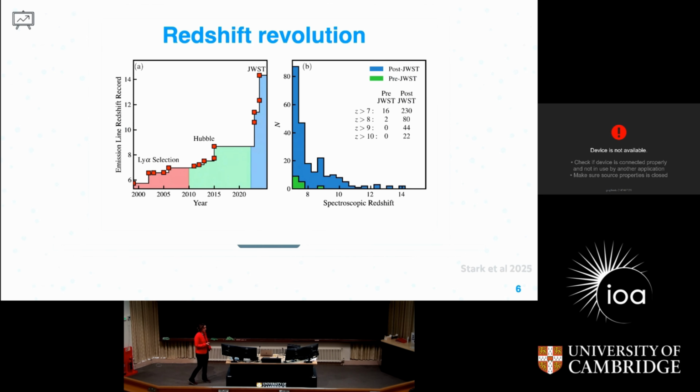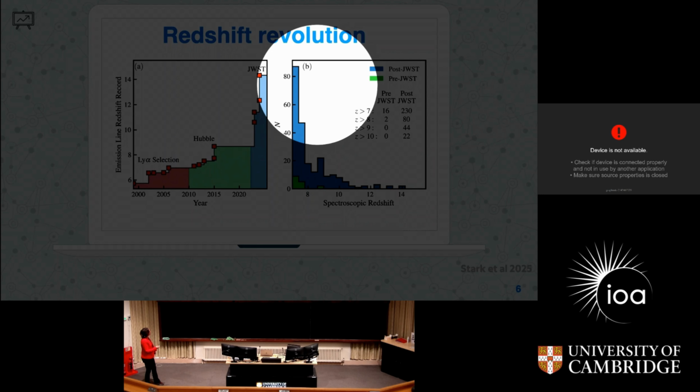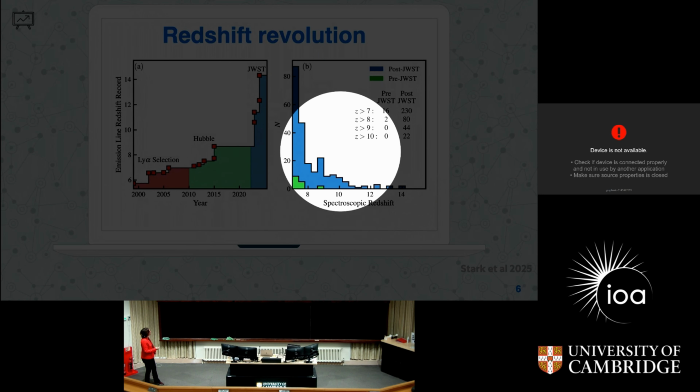But what JWST really did is it brought us the redshift evolution. What I'm showing here are two graphs from a recent review paper. On the right-hand side, for example, is the number of sources with spectroscopic redshift.